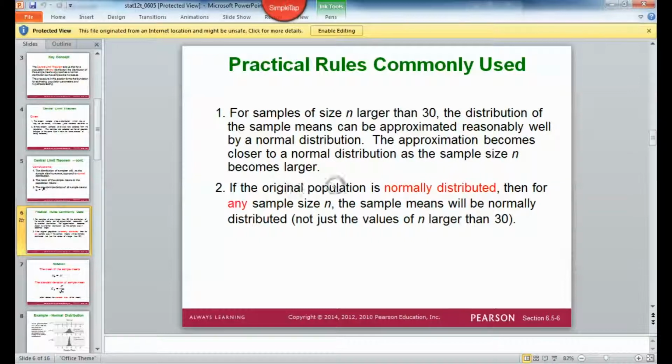If you know that the original population is normally distributed, it doesn't matter how big the sample is. It could be 10, it could be 2. If you know that the original population is normally distributed, then the number of items in the sample doesn't matter. But if you don't know that, but you have an n larger than 30, you can do this anyway.